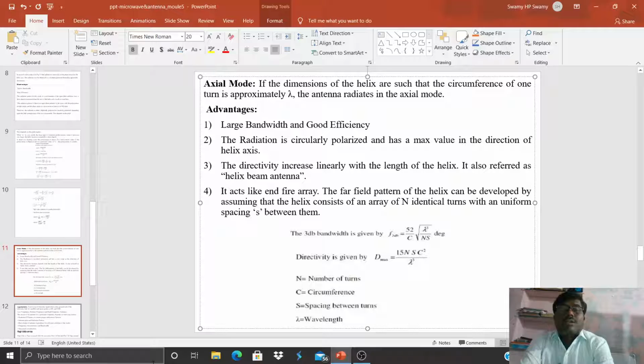In the axial mode, directivity increases, that means it is a maximum which will increase according to the length of the helix. That maximum directivity is equal to 15 n s c square divided by lambda cube. Here n is the number of turns in the helix, c is the circumference of each turn, s is the spacing between the turns, and lambda is the wavelength.